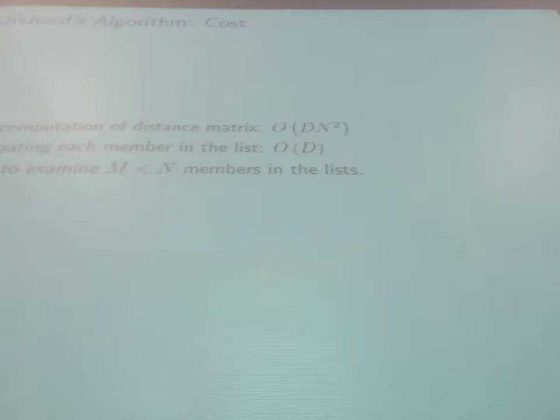At each point, you compute the distance between q and a member of the list, but that's just an order d operation in the Euclidean case. So what you're hoping is that the geometry is such that as you go along, you don't need to examine many list members, in other words many data points, and hopefully you'll crash out of this algorithm and say, I'm done. There's no way anything can be faster.